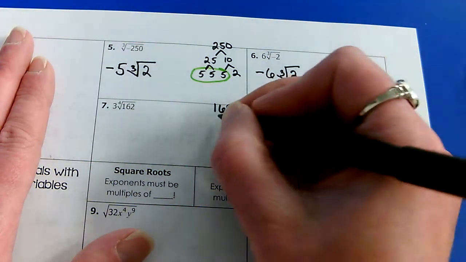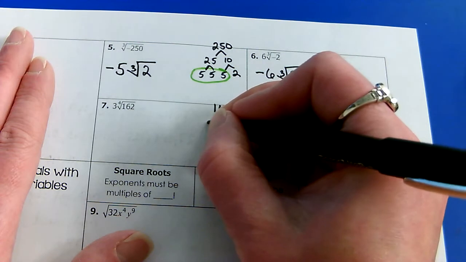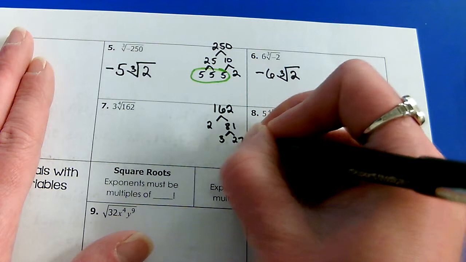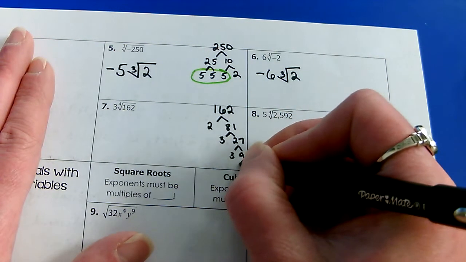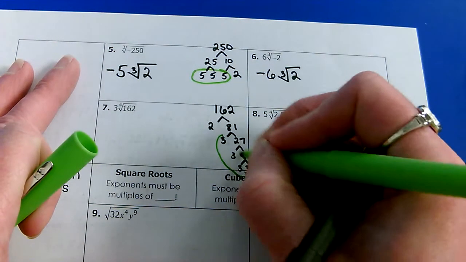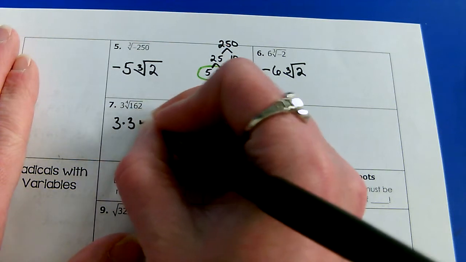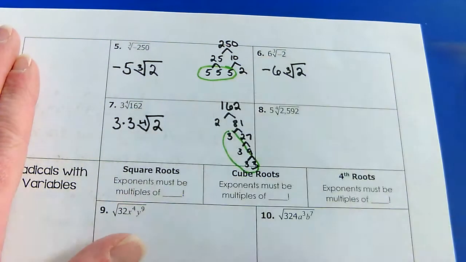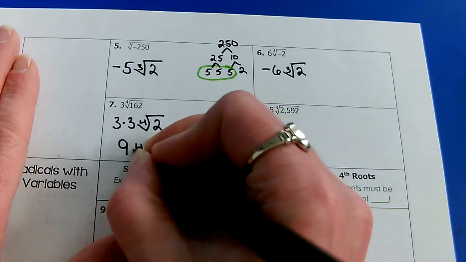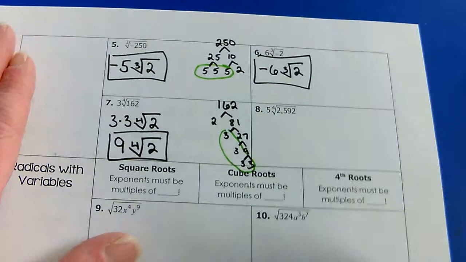What am I looking for on number 7? The index is a 4, so I'm going to be looking for 4 of a kind. And as the 3 gets to come out, the 2 has to stay under. Oh, I forgot to box all my answers.